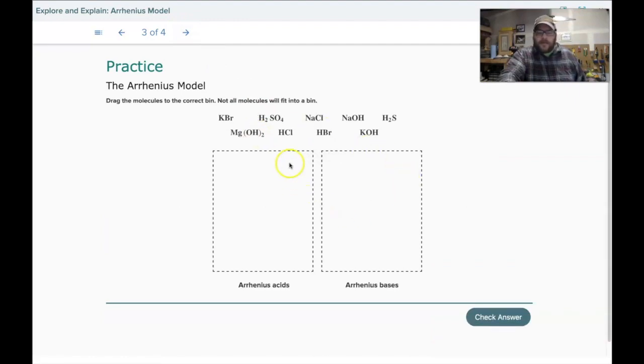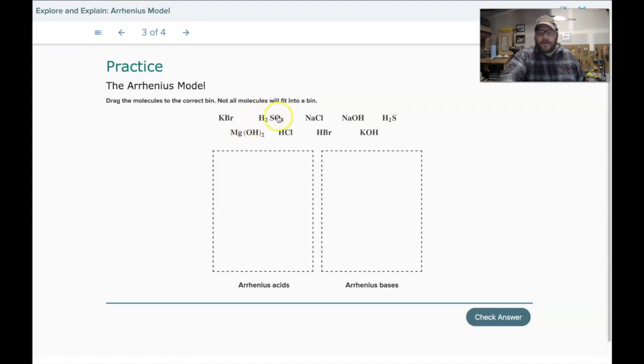In here we have to separate out these formulas into whether they're an Arrhenius acid or base. It says keep in mind not all molecules will fit in the bin. So this first one, do we have a hydrogen or a hydroxide? It doesn't look like it, so I don't think it fits anywhere. What about this one?